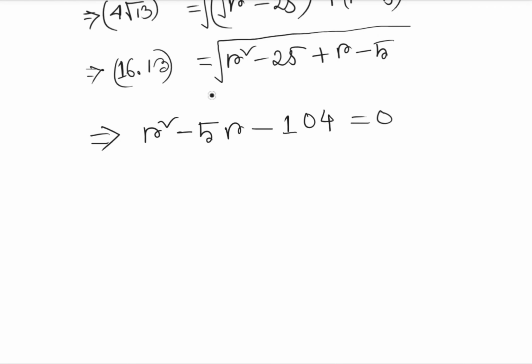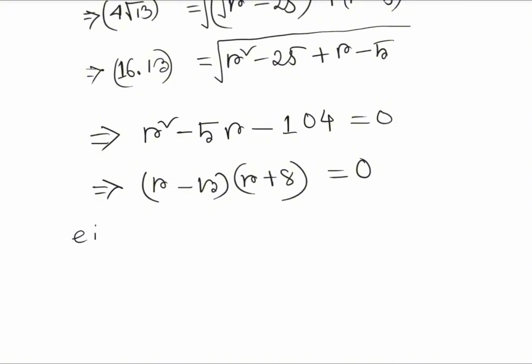By solving the quadratic equation using factorization or the middle term method, we have R minus 13 and R plus 8 is equal to 0.